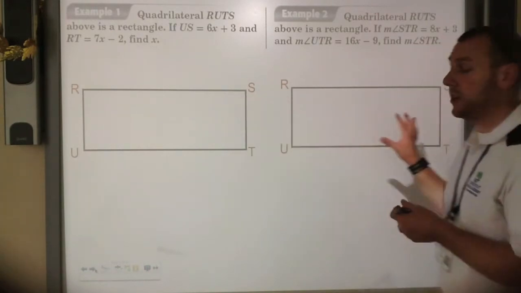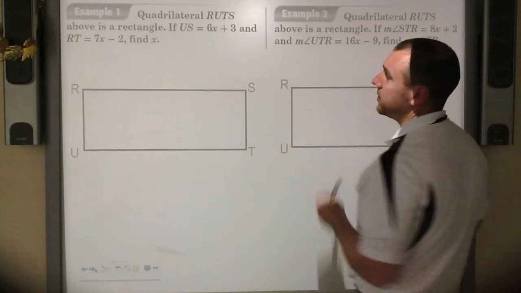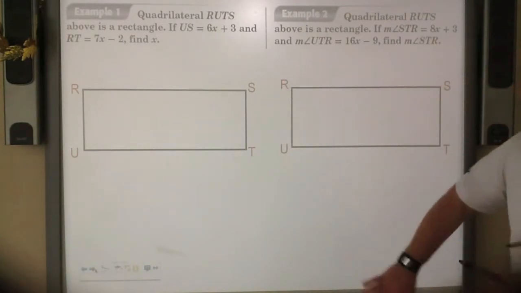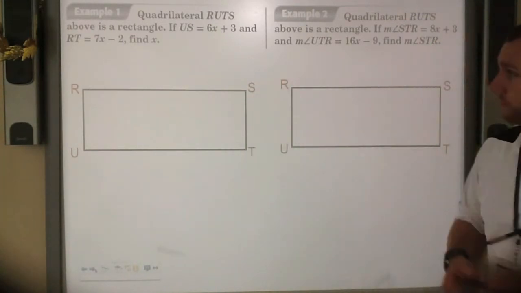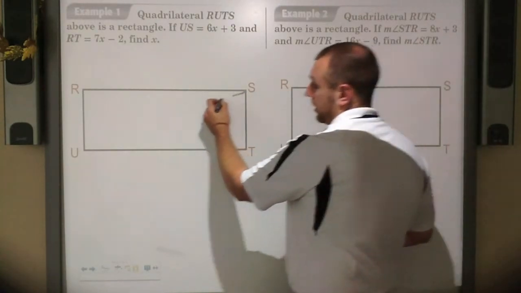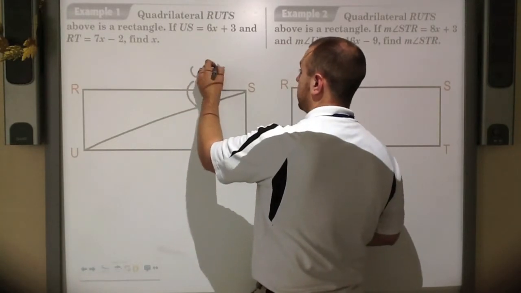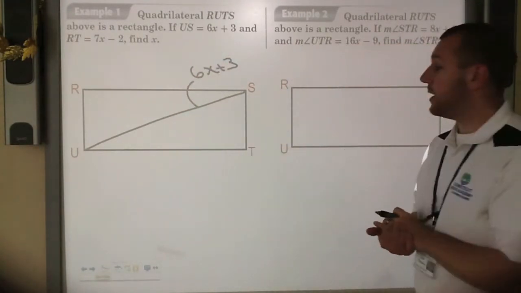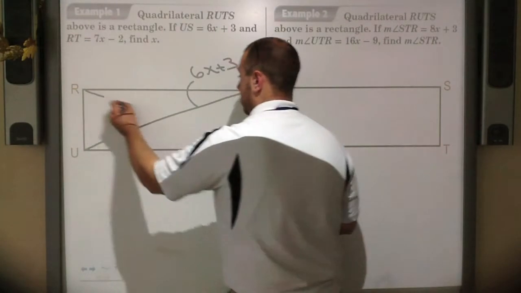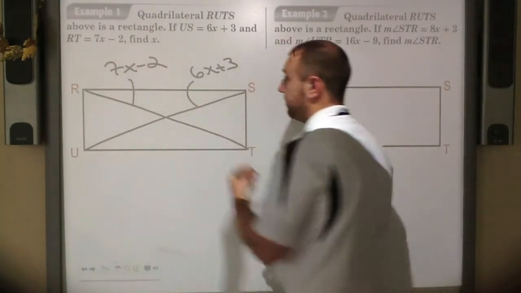first off, you should draw in these rectangles. Anytime they're talking about quadrilateral UTS, above is a rectangle, so you need to draw that in. US, this distance right here, is 6x plus 3. And RT is 7x minus 2.